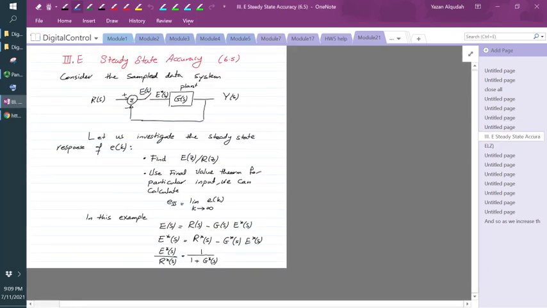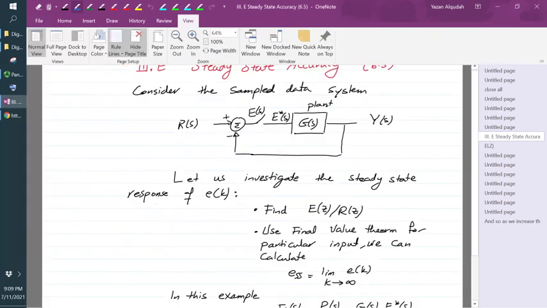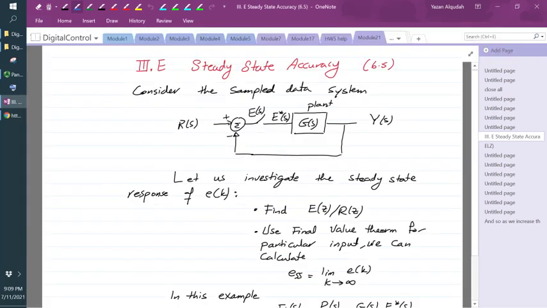Now the new topic that we're going to be looking at today is the steady state accuracy. And what we're going to be doing in this module is deriving the expression for the steady state error of the system. So if we consider a sampled data system that we have here, we define the error signal, and I hope everybody is clear why we define this error signal. What is this error signal equal to?